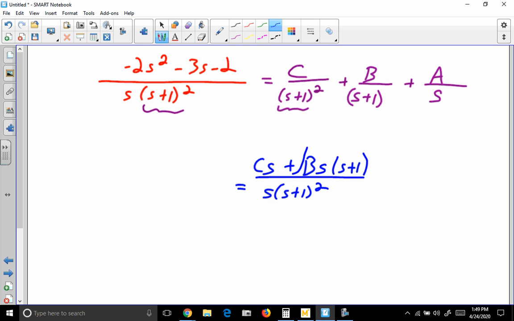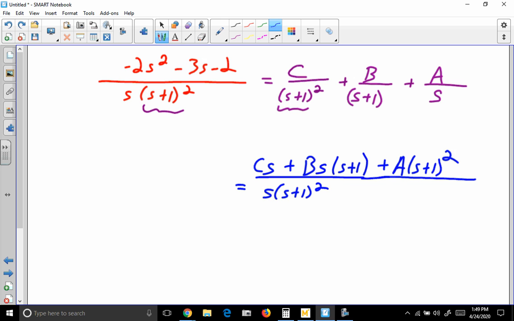So if you imagine that fraction and that one are equivalent, if you were to reduce, the s's would cancel, the s plus 1 would cancel one of those, and that would be equivalent. And then this last fraction has the s on bottom already, but it needs an s plus 1 squared, so we would have to pick that up on bottom, which means we would pick it up on top as well.